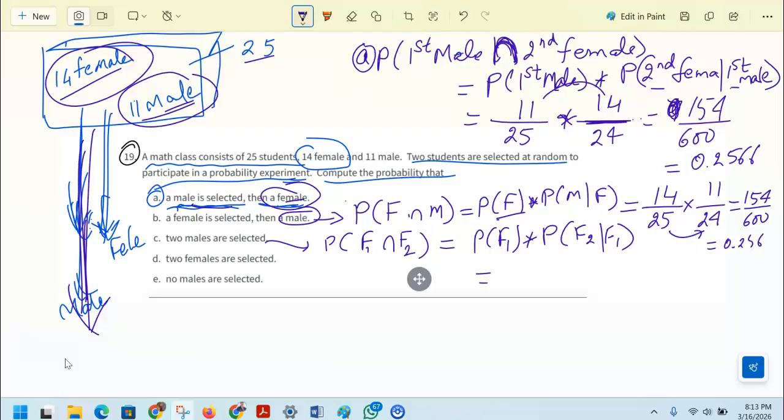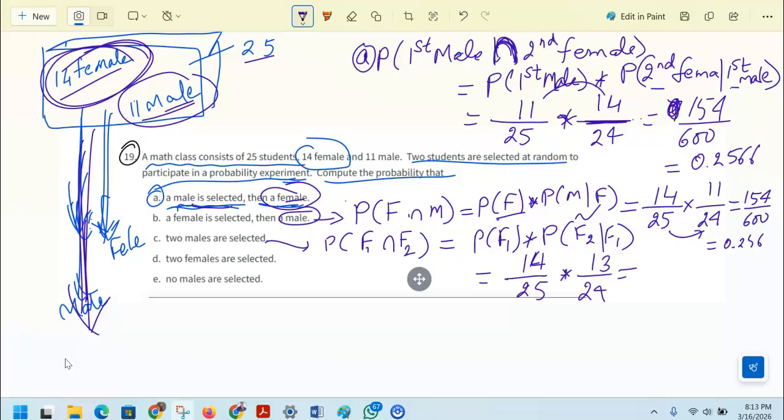Now, the first one is female. How many females are there? It's 14, so out of 25, it is 14. And the sample space is reduced to 24 now. And the second one also female will be, since there were 14 females, now there will be 13 remaining. So you get 13.